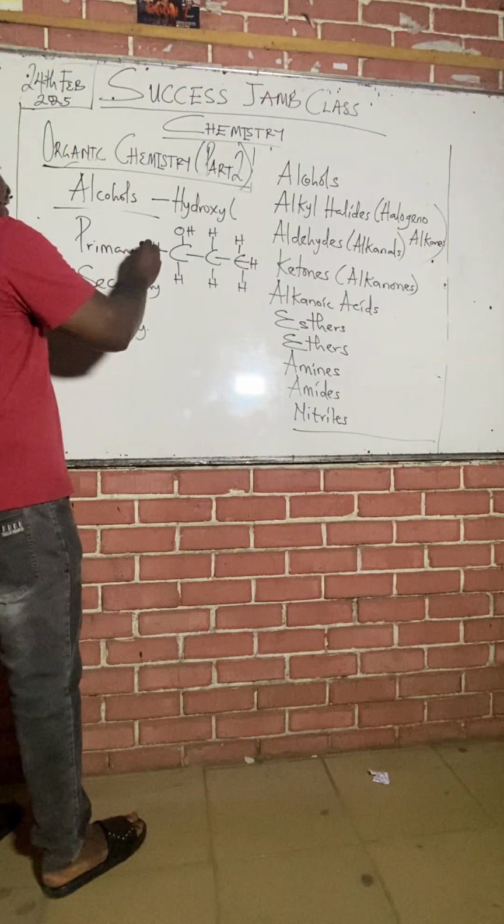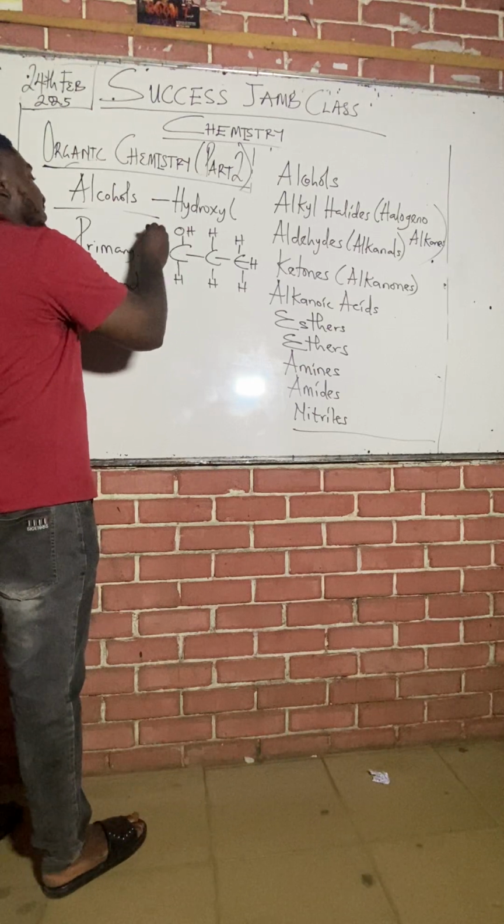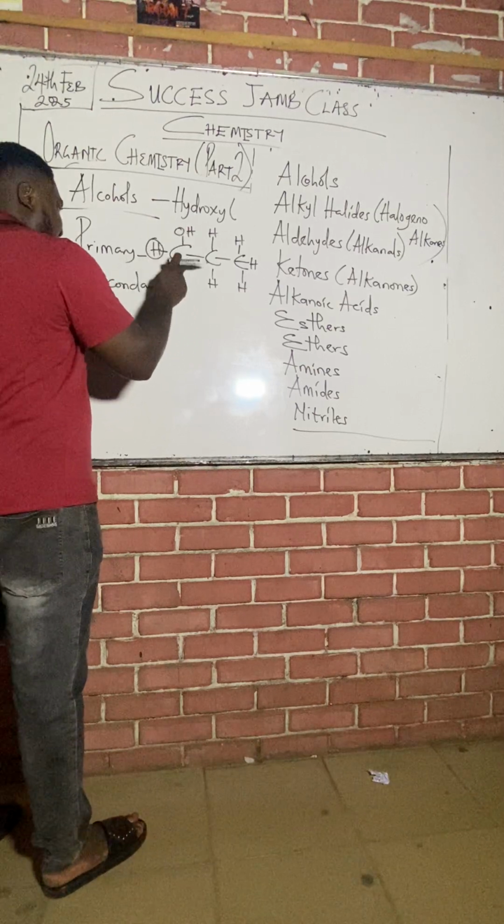For a primary alcohol, write down: the carbon bearing the OH group has 2 or more hydrogens directly attached to it. Know the words 2 or more. It can be 2, it can be more than 2.